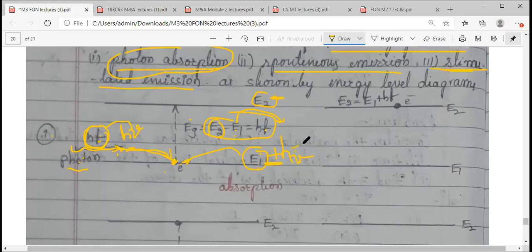So the total energy will be E2, meaning it has sufficient energy to jump, to take the transition. That's why you can see the electron has jumped to the excited state, or higher energy level. This is about the absorption.